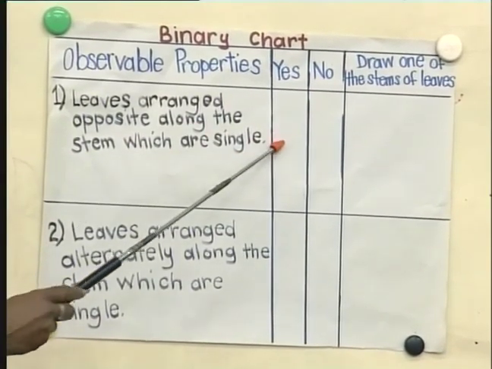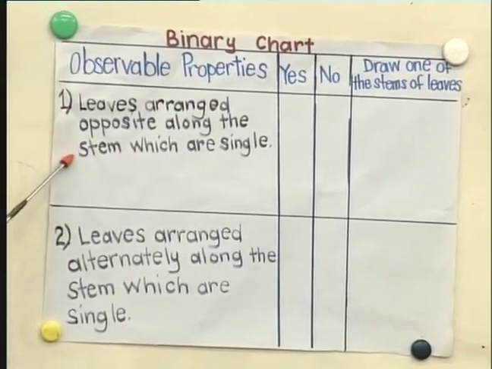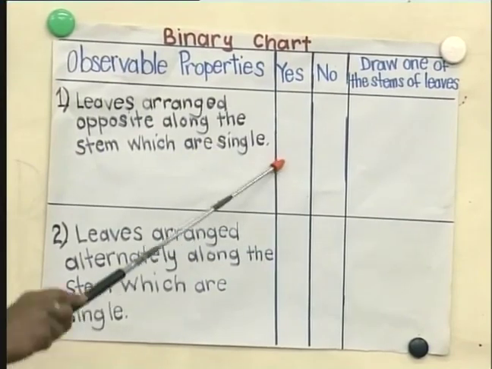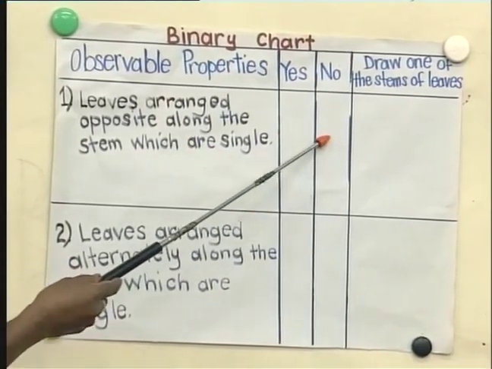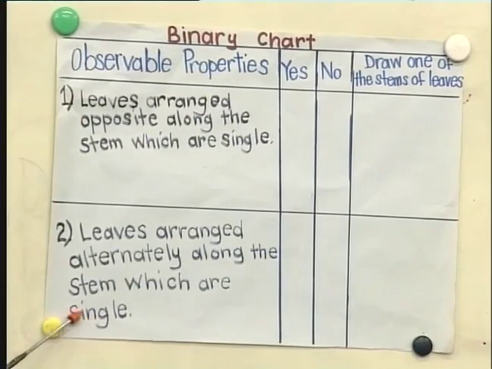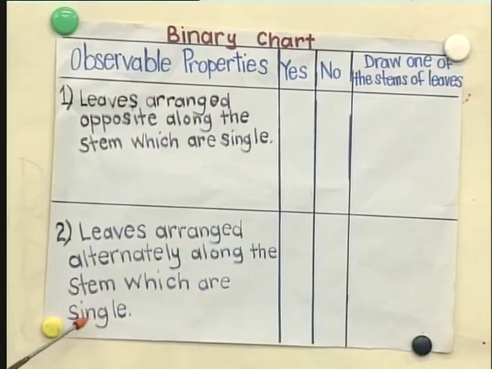you check to see how many of them have the description given, and you write the number. How many you find don't, you write the number there. You do the same also for this one. Now here it says single. Leaves arranged alternately along the stem which are single.